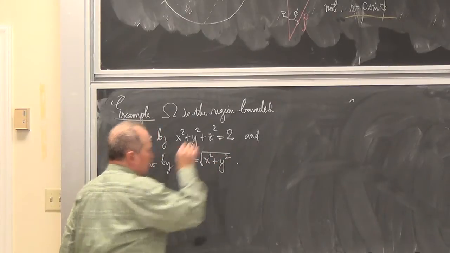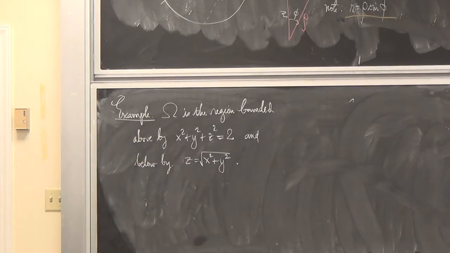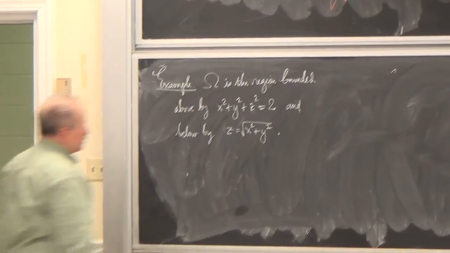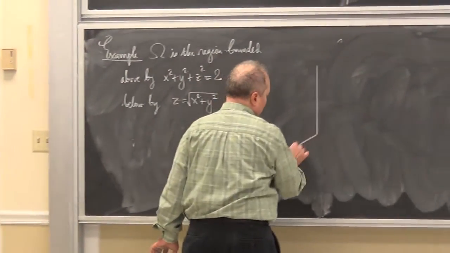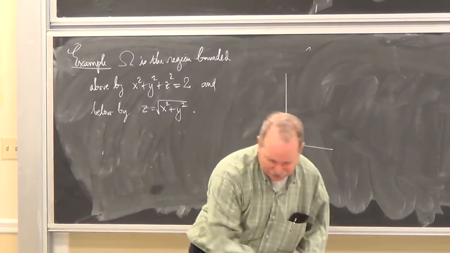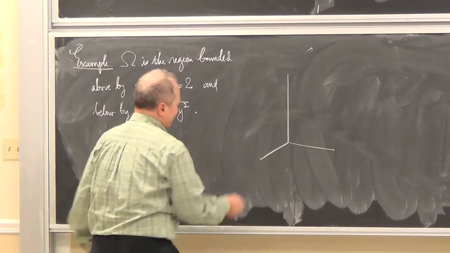Instead of a paraboloid, what's that? It's a cone. With what angle? So in this picture, we've got ourselves our sphere. Ice cream. Yes, it's an ice cream cone.